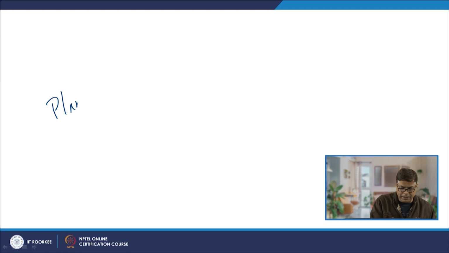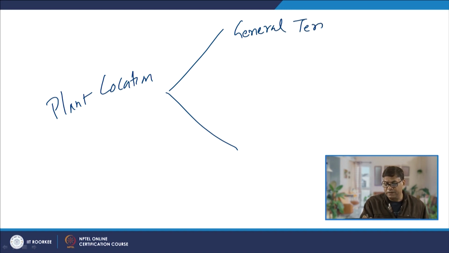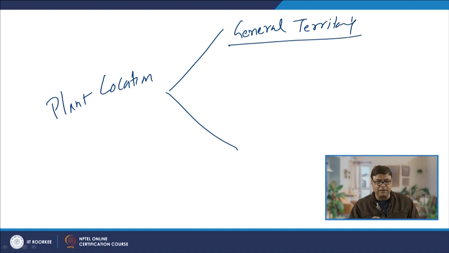As far as the plant location problem is concerned, it has two broader aspects. One is the selection of the general territory. What will be the general area, as the world is very big?